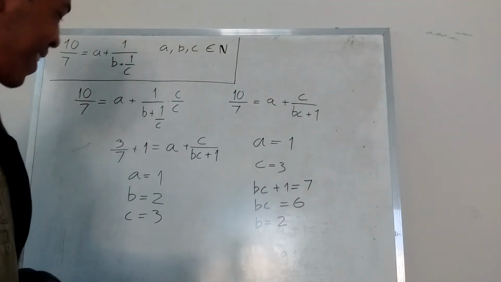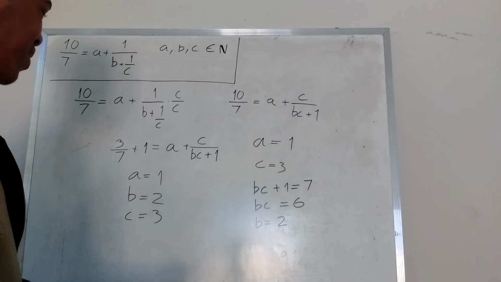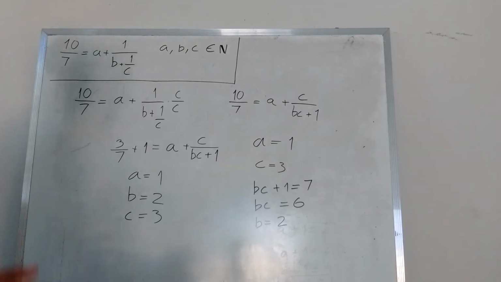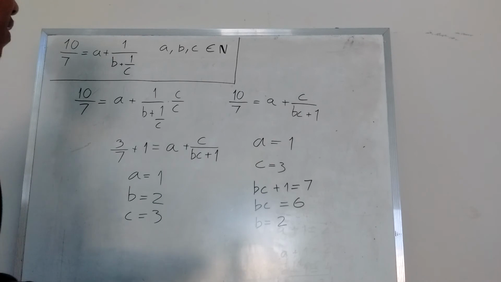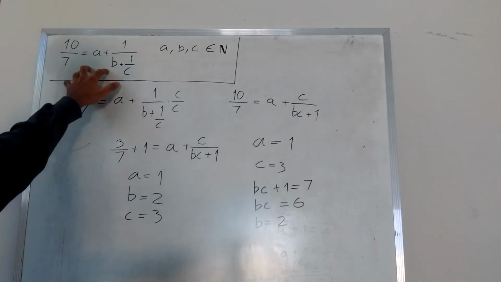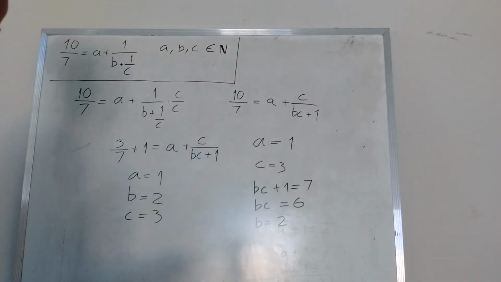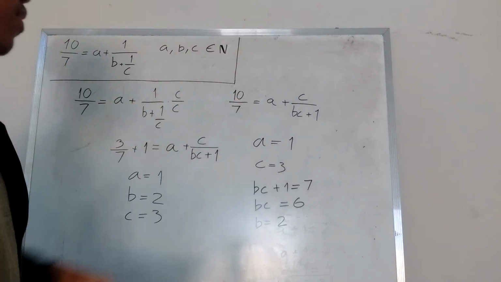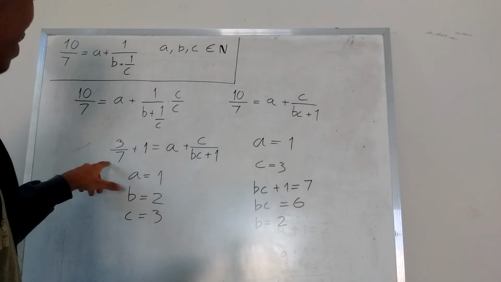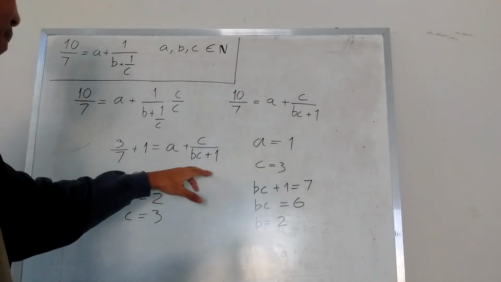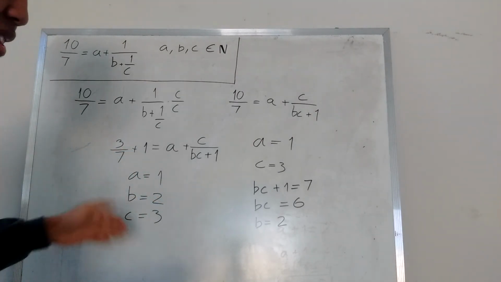Now that I'm doing this, it seems so evident how easy this question is, but it really isn't. It looks very intimidating because it has this complex fraction, but after you break it down and start analyzing bit by bit, you can see that it can't be anything else but this.